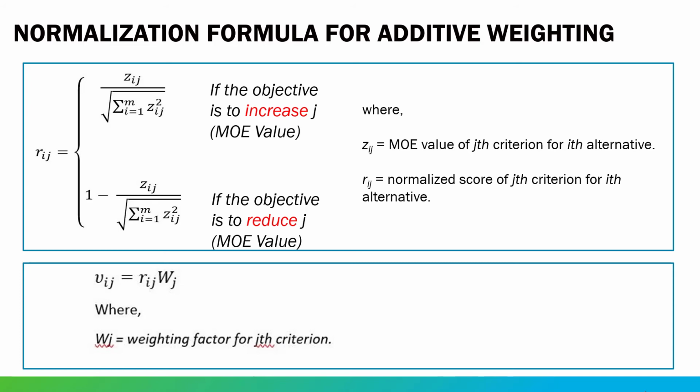So what happens, as it's shown here, if the objective is to increase the MOE value, remember we had objective direction, it divides the input value by the square root of the sum of the input values to the power of 2. You can try it yourself.